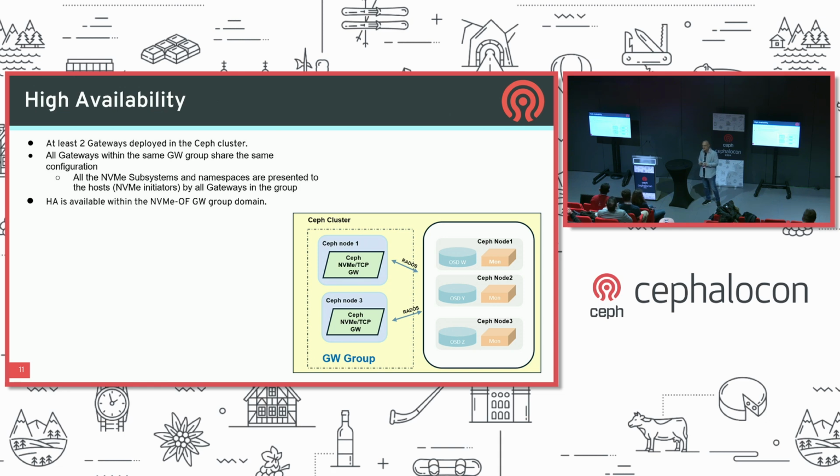We are using a Ceph OMAP object to save the configuration. So at the end of the day, all of the gateways expose the same NVMe subsystems and the same NVMe namespaces. And once again, this is important because if one of the gateways goes down, no problem. The host can continue the I/O on the other gateway, which sees exactly the same picture and is updated.